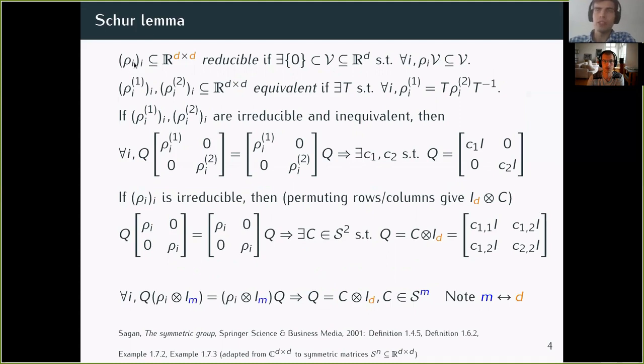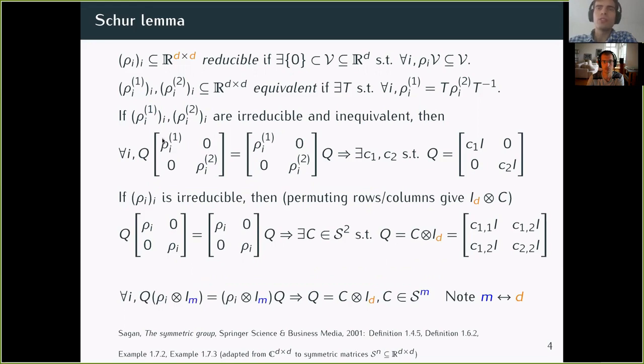Given a finite set of matrices rho_i, we say that it's reducible if there is a nontrivial subspace that is invariant under all the matrices of this set. Given two finite sets of matrices rho_1 and rho_2, we say that they are equivalent if they are the same under some linear transformation.